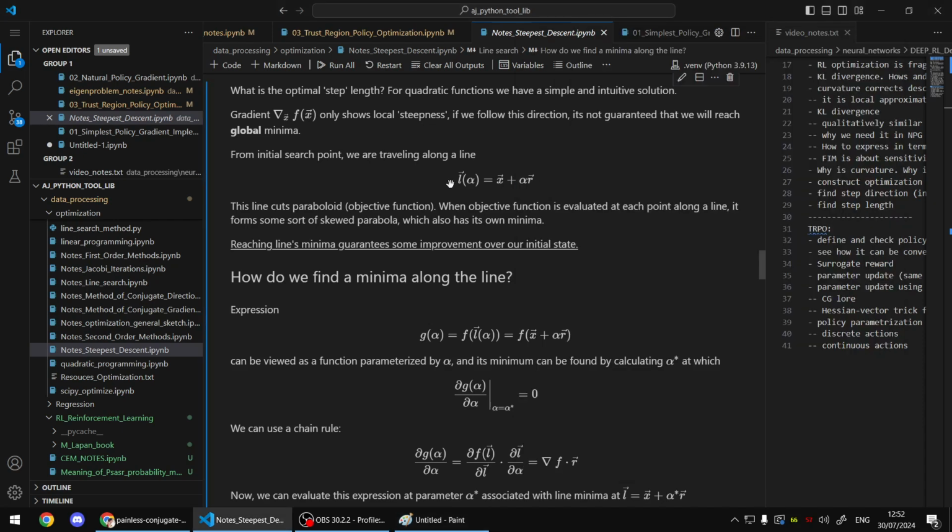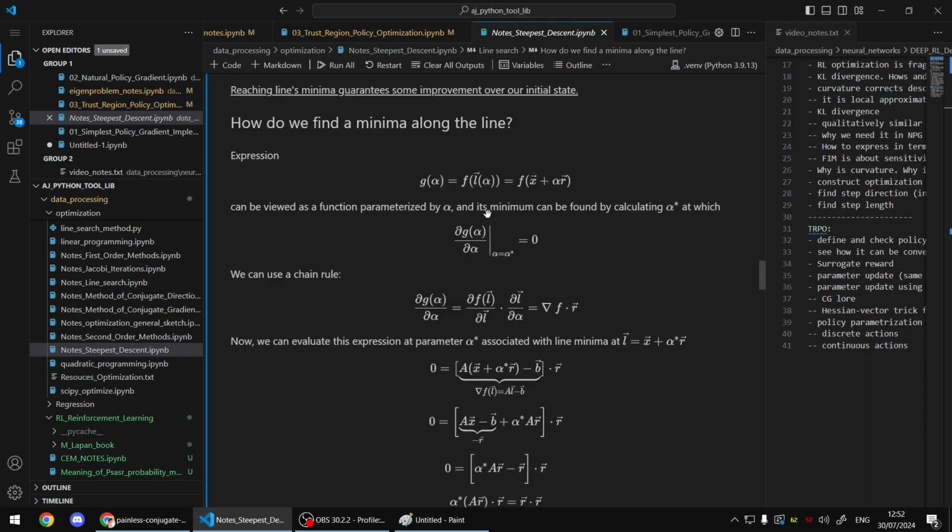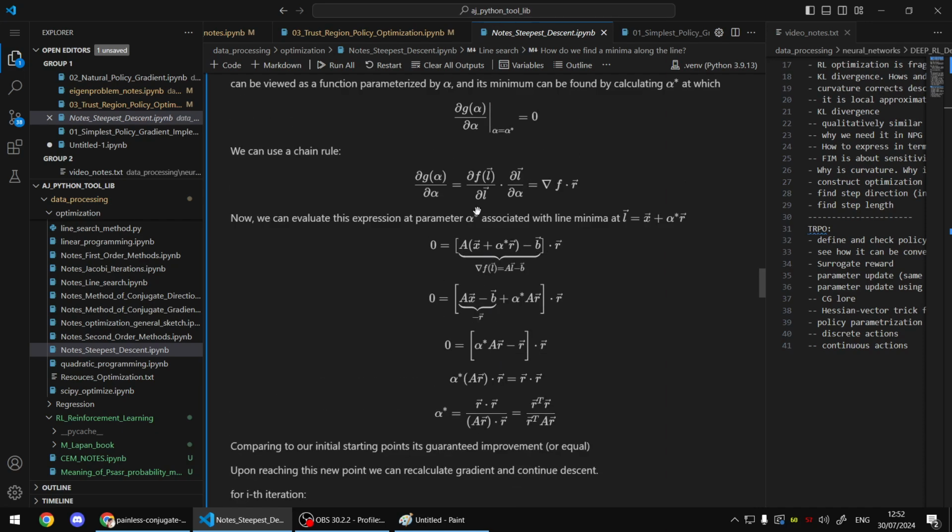So we parameterize this search direction by some kind of step, basically an exploration step, and then we plug it into our problem, and it becomes a one-dimensional function.